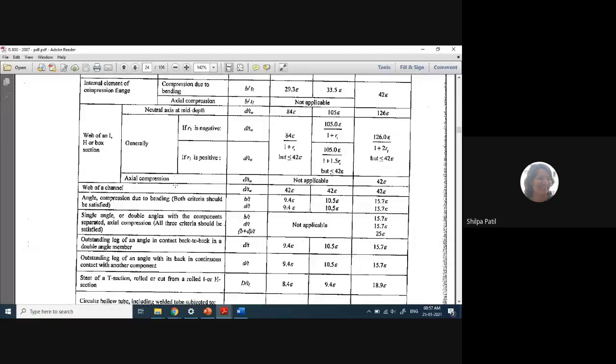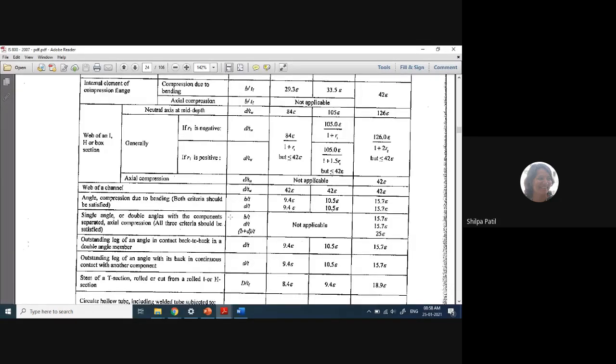So we have this criteria first: angle compression due to bending, like we are using the angle section as a beam. And second, axial compression, for which the criteria is given here: single angle axial compression. For both of these, we need to do the calculation and find the class of the section. So we'll consider first the angle compression due to bending.